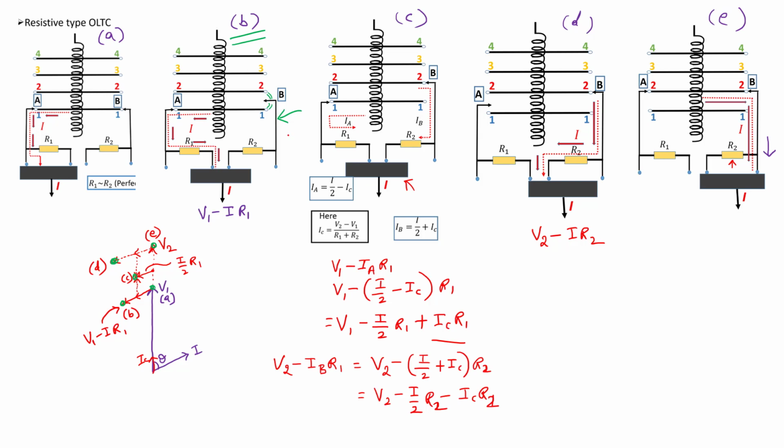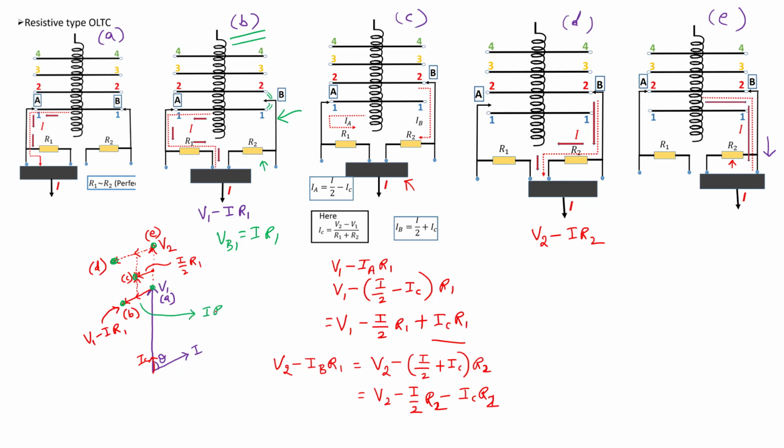Now consider what is VB. VB is simply the line voltage here, because there is no drop in this. So the line voltage is V1 minus IR1. So the voltage between B and 1, VB1, is simply IR1.